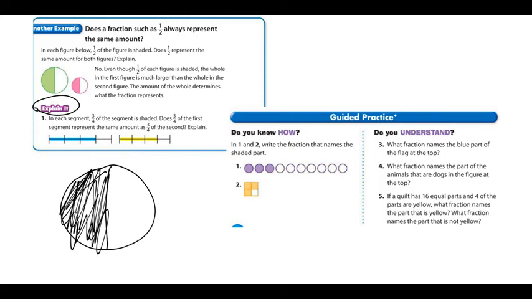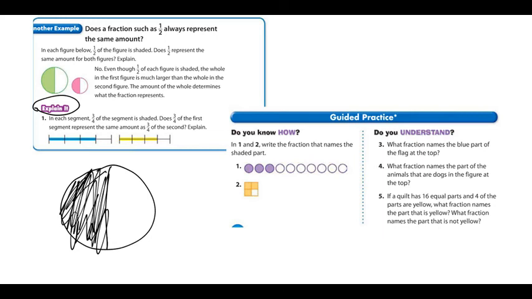But they both have 3 out of the 4 parts. So therefore, they're not the same amount, but they're still 3/4. And we will discuss that throughout this unit, but it's something important to remember because you always have to think about what the whole is, what the size of the whole is first.